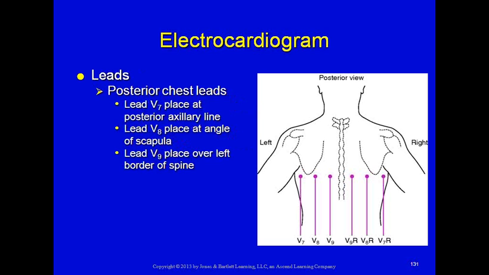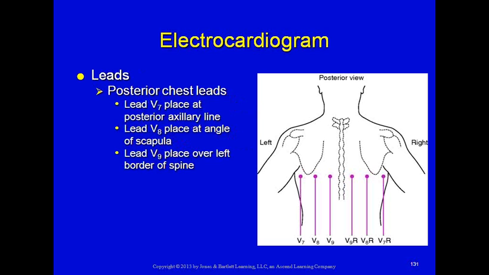If we were to run a 12 lead, we would have to note that this was a posterior chest lead. Lead V7 is at the posterior axillary line. V8 is placed at the angle of the scapula, and V9 is placed over the left border of the spine.